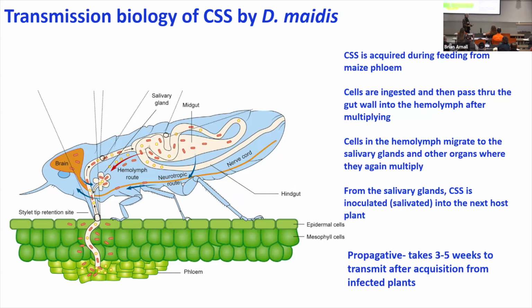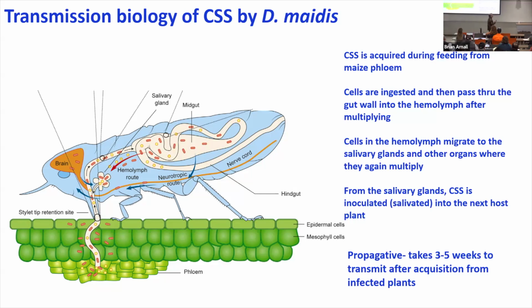Within the hemolymph, they migrate to the salivary glands, shown here, where they invade the salivary glands. And then again, they replicate to high numbers, at which point they make their way to the salivary ducts, and then they can escape the insect. There's only one way in and one way out, and that's through the gut and out through the salivary glands. They don't poop it out the back end. They have to come from the phloem and go back into the phloem of plants. So that's the only way.